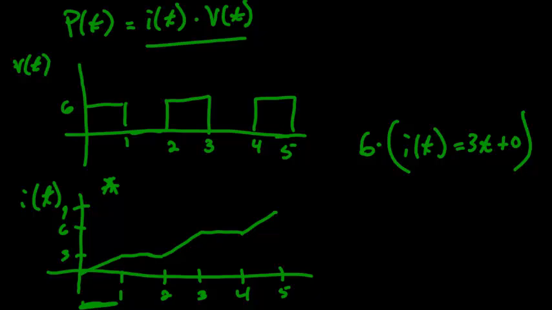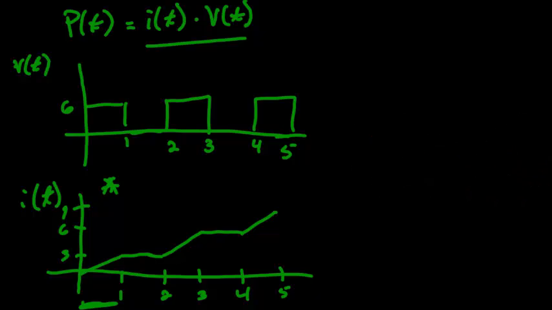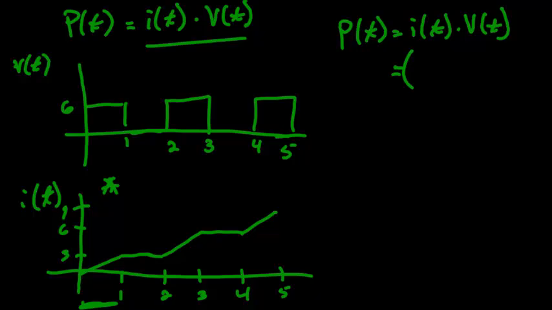Okay, so what's p? Let me actually rewrite this. Exactly. P of t is equal to I of t times v of t. And for the first time interval, I of t is equal to what? 3t, right? From 0 to 1. So this is only for the time interval 1.